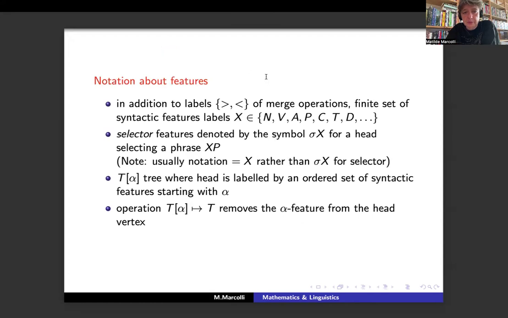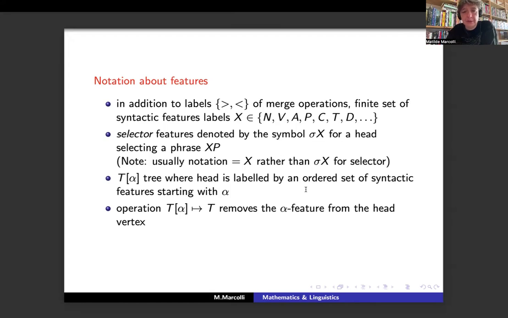So in terms of notation, the labelings involved in these minimalist grammars are these ones that keep track of the head on the internal vertices, and this kind of syntactic feature labels, the selector, licensor, licensee, which later on we will switch to symbols that are not already used for some standard other use of mathematical symbols, just to avoid notational confusion.